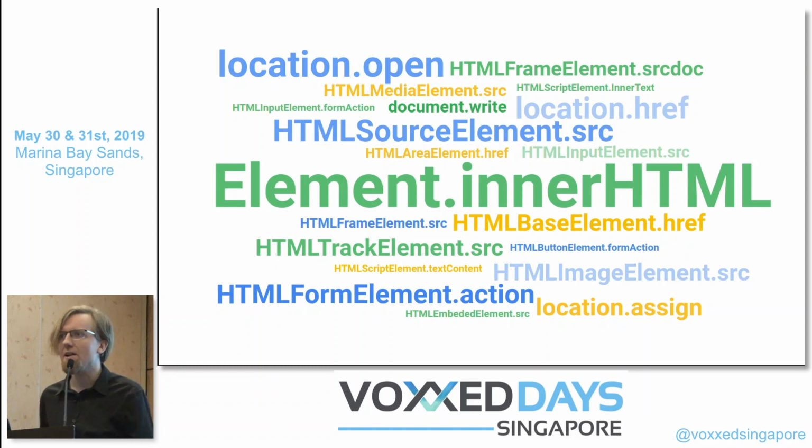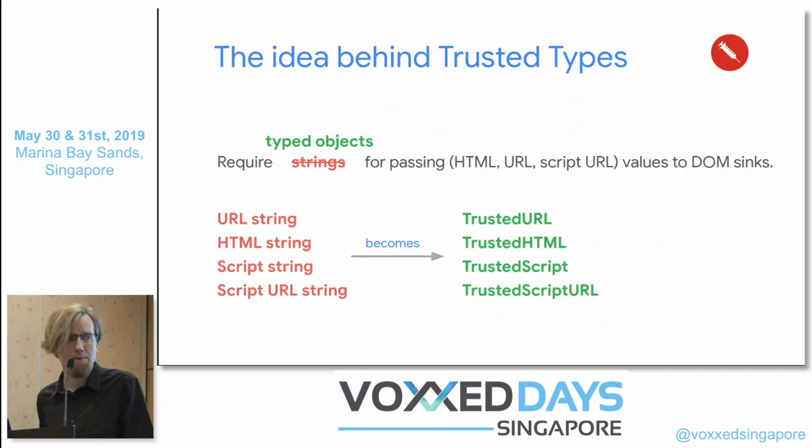So innerHTML is one, document.write, window.open, some of the functions that we all use a lot in our applications are dangerous whenever they get passed untrusted data. So it's very, very easy to introduce this class of bugs. So what can we do about this? The underlying problem in all of this is that all of these APIs currently, in the current shape of the web, accept strings.